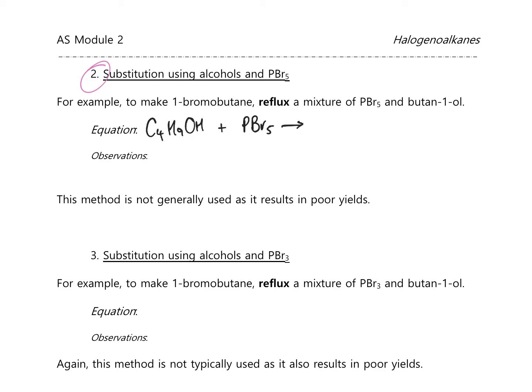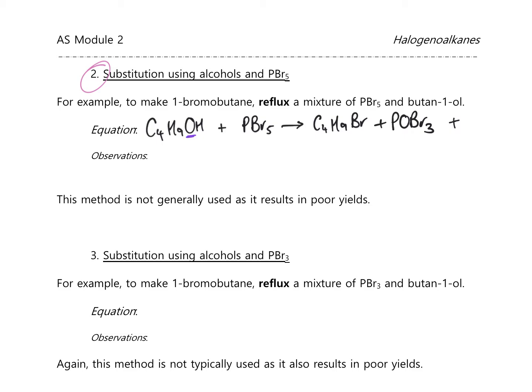So the left-hand side of the equation is going to be our butanol, C4H9OH, plus phosphorus pentabromide, PBr5. That's going to give us 1-bromobutane, C4H9Br. It gives us another substance called phosphorus oxybromide, which has the formula POBr3. And then think about what we're left with.